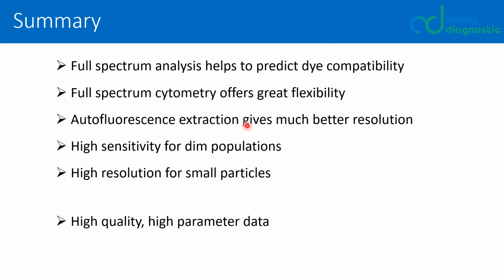Autofluorescence extraction gives us much better resolution in the case of dim populations, and we also talked about how resolution of small particles is enabled thanks to the violet laser and the side scatter that is under the violet laser. So all these contribute to high quality and high parameter data.